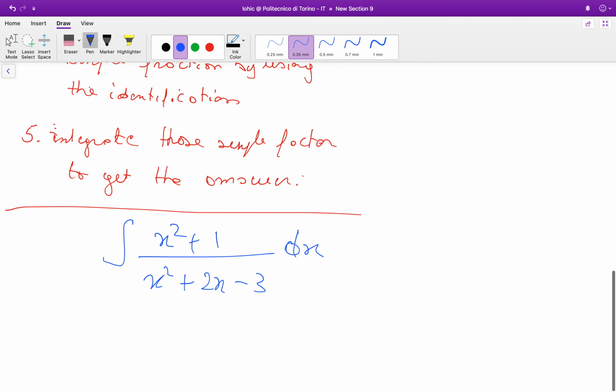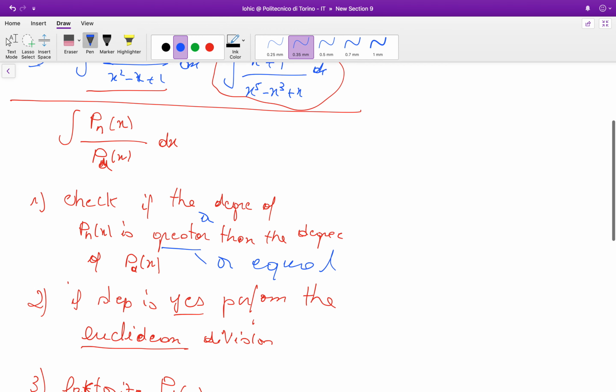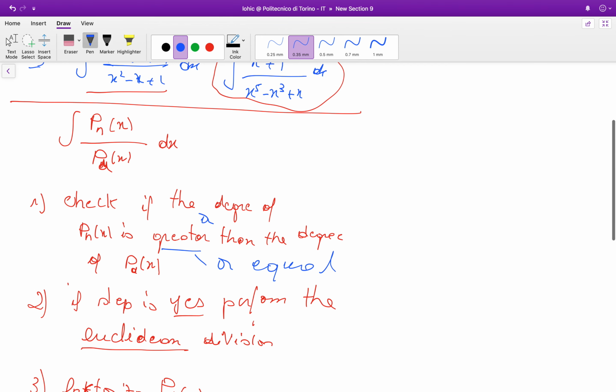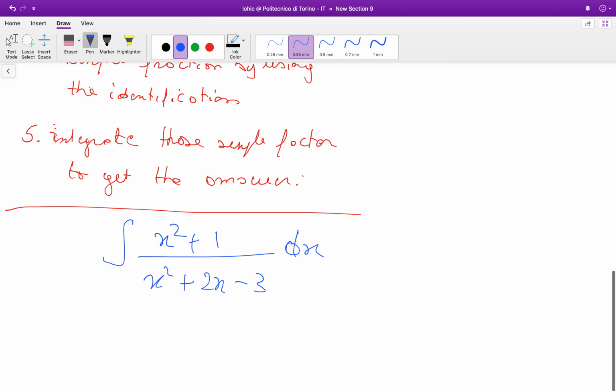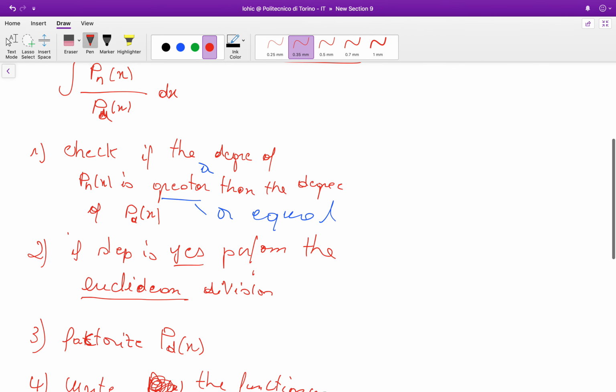Good. So the first step says we check if the degree of the numerator is greater than, or greater or equal to, the degree of the denominator. Yes, in this case the degree of the numerator is 2 and the degree of the denominator is 2, so 2 is equal to 2, so we have to do step 2.